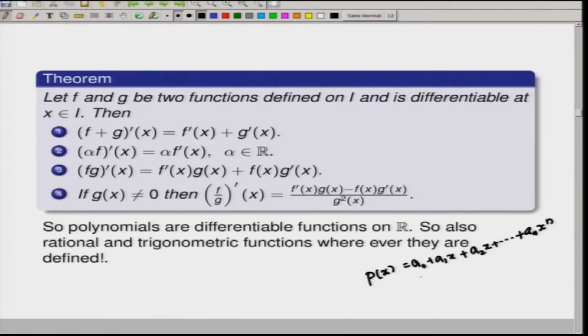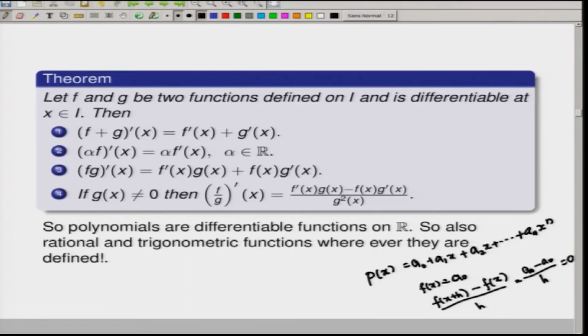The derivative of a constant is equal to 0, because if f of x is equal to c, let us say a 0, then f of x plus h minus f of x divided by h, for any h not equal to 0, is going to be a 0 minus a 0 by h, and this is equal to 0.